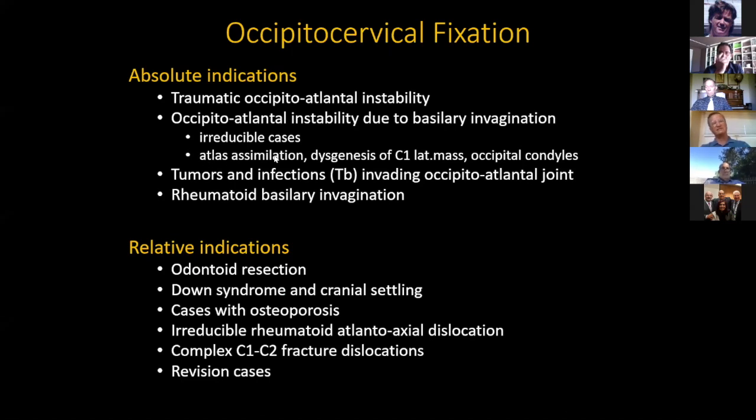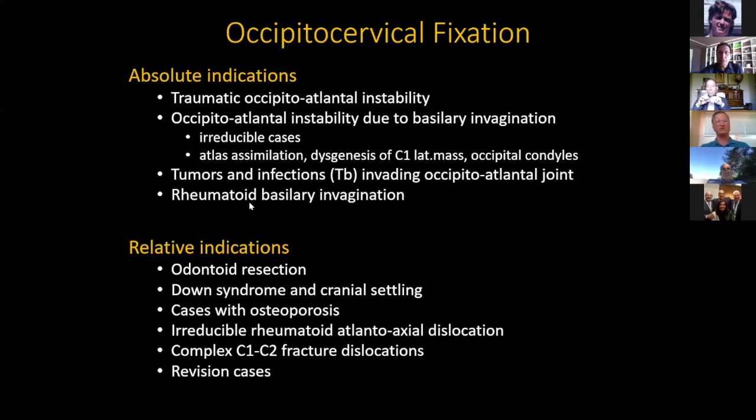If there is atlas assimilation or dyskinesis of the C1 lateral mass or occipital condyles, you cannot place a good screw purchase on C1, and those cases may go to occipito-atlantal fixation. Tumors and infections and tuberculosis invading that joint, the occipito-atlantal joint, and rheumatoid basilar invagination.